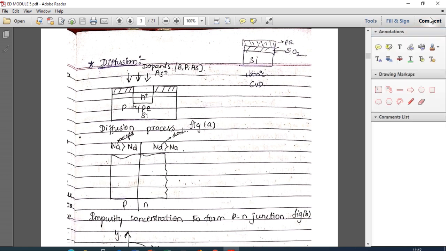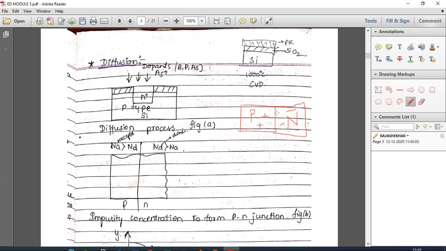For example, if I take one PN junction like this, this is P type and this is N type. In P type the majority charge carriers are holes, and in N type the majority charge carriers are electrons.